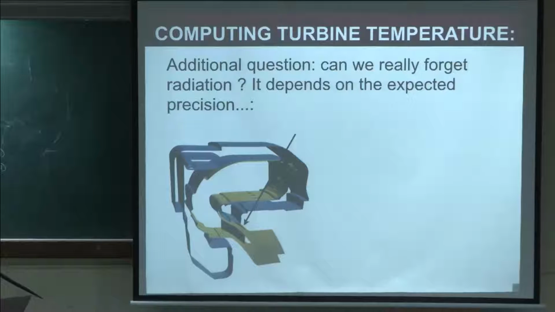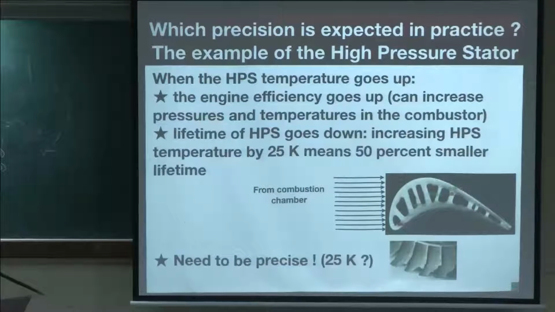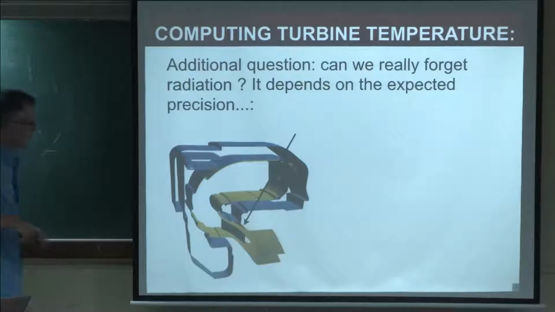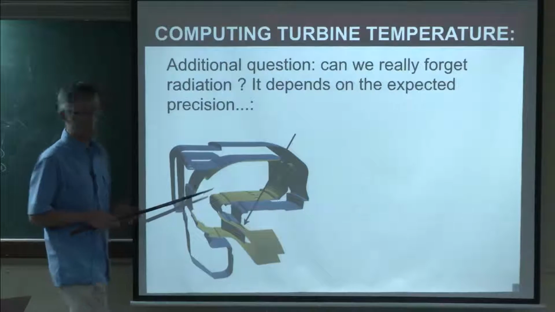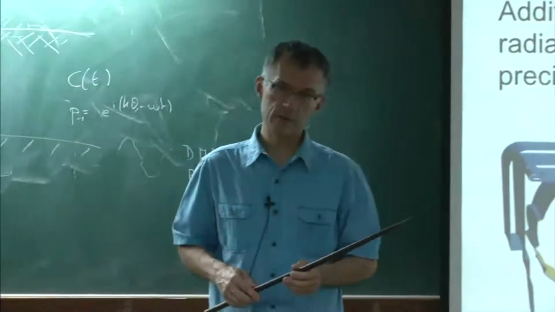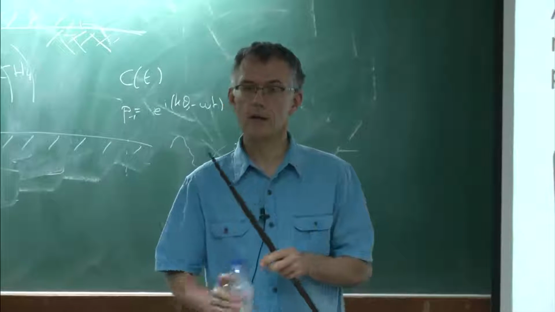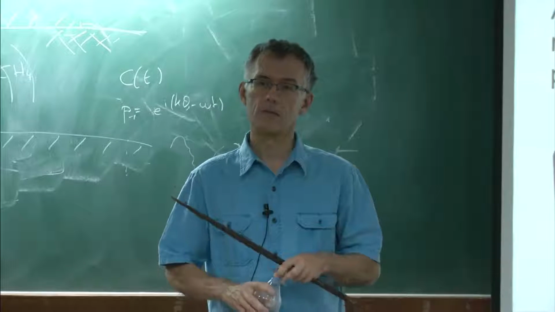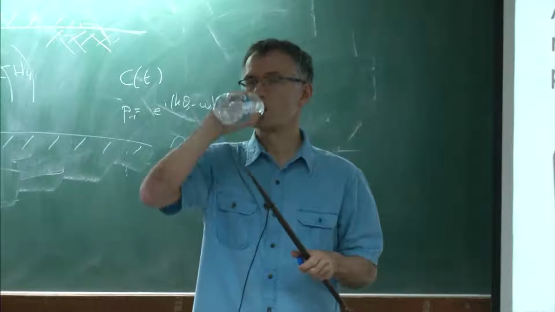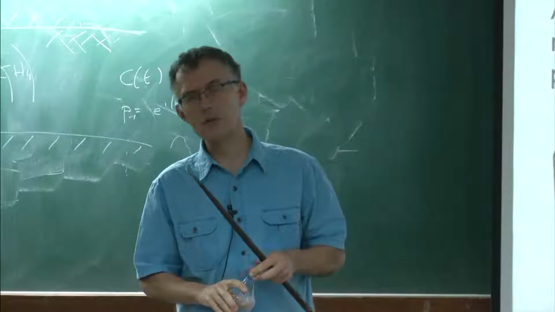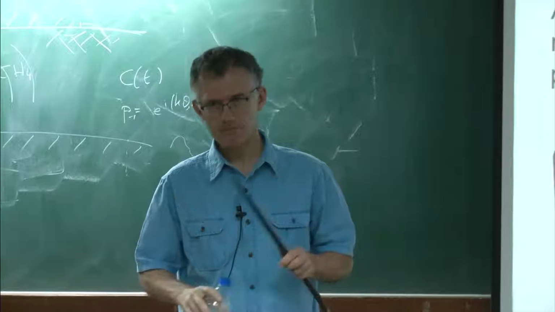Now, one issue which was mentioned before is, what about radiation in this problem? Yes? So do we have to resolve in the wall, or are you using some sort of modeling? In most cases, we use wall laws. They're good enough?